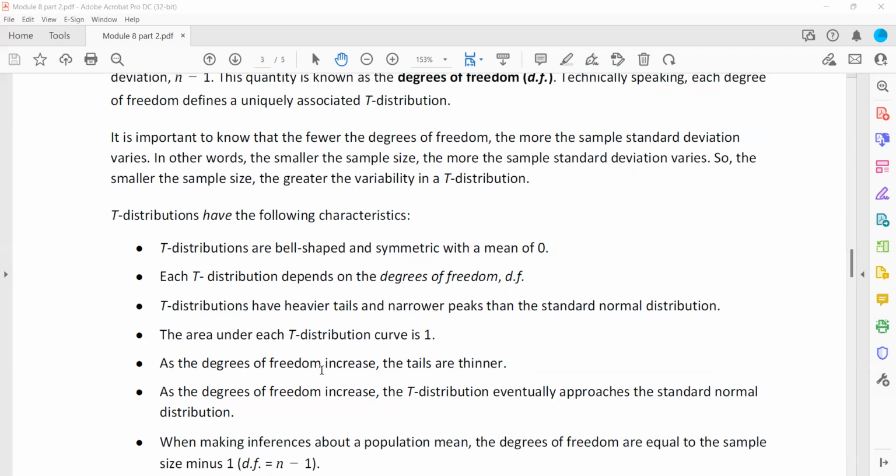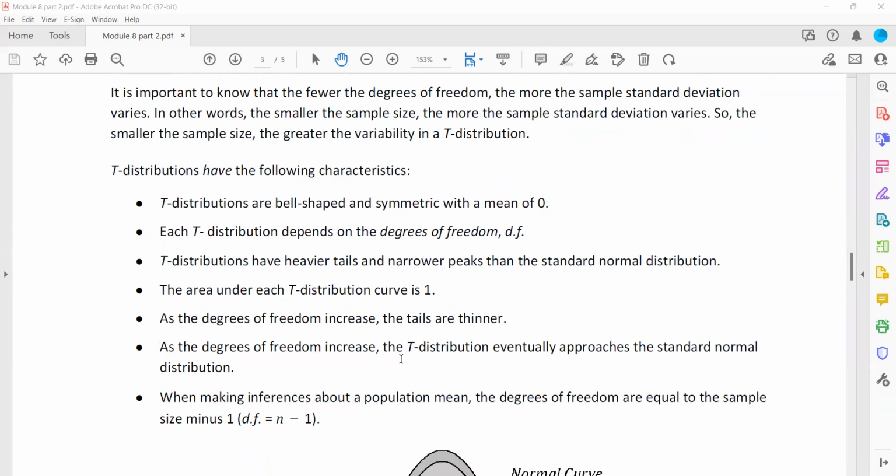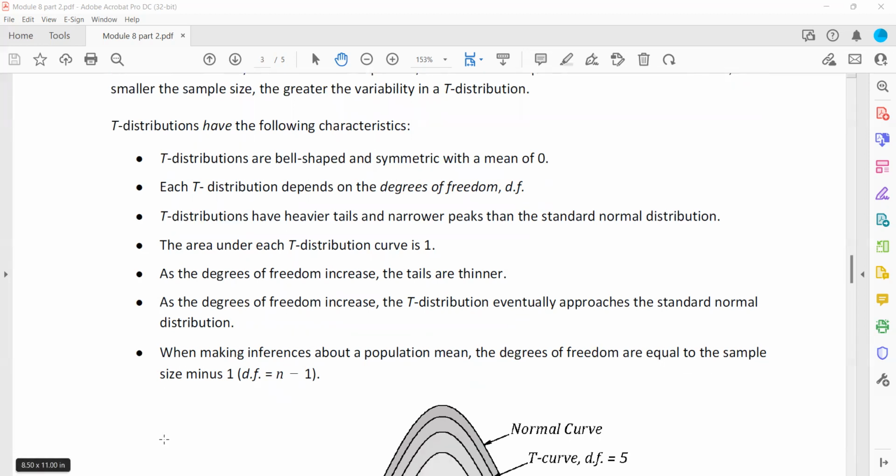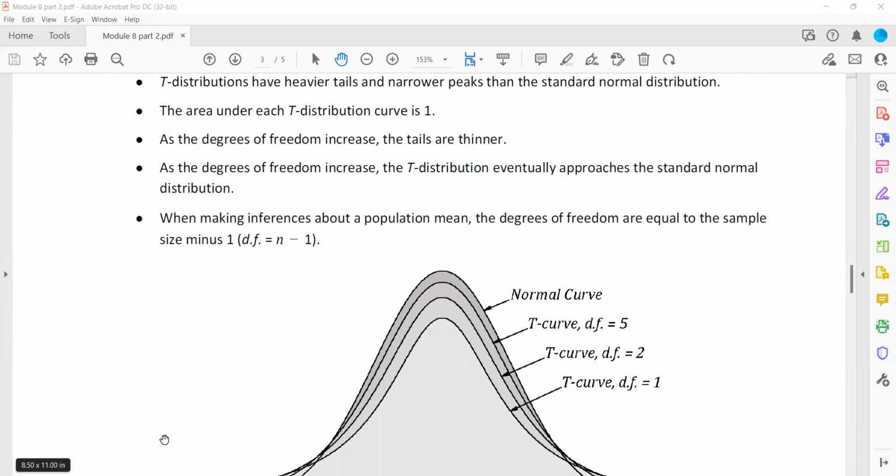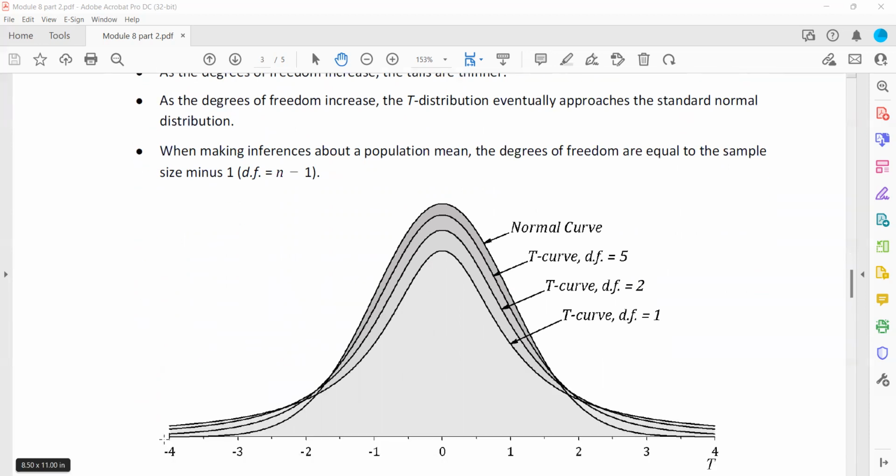As the degrees of freedom increase, the tails are thinner, and the T distribution eventually approaches the standard normal distribution. When making inferences about a population mean, the degrees of freedom are equal to the sample size minus 1, or n minus 1.